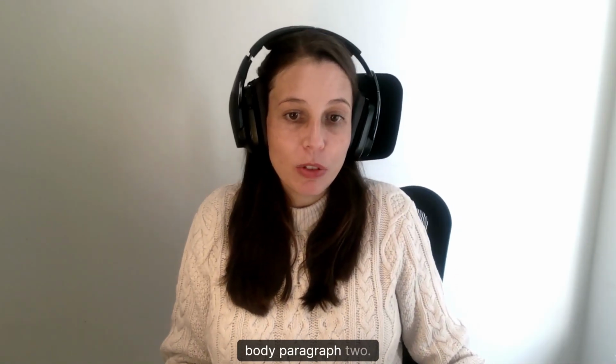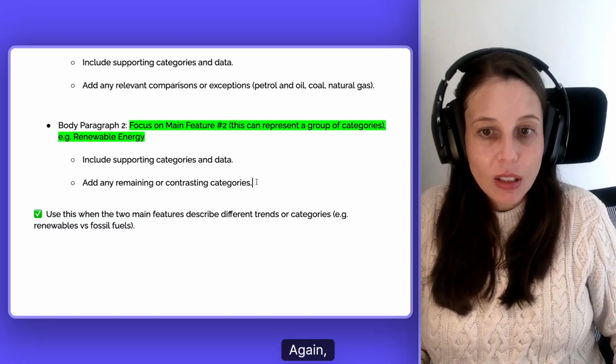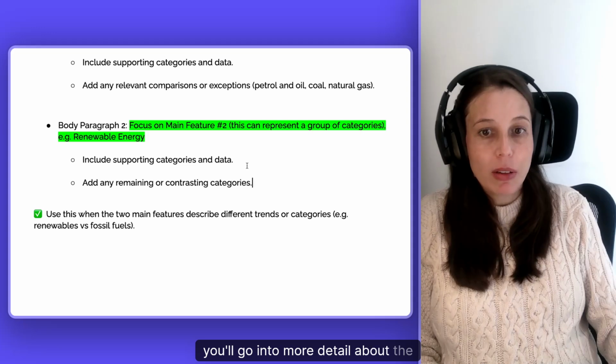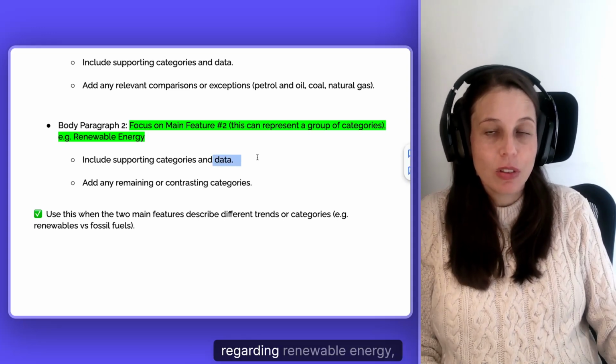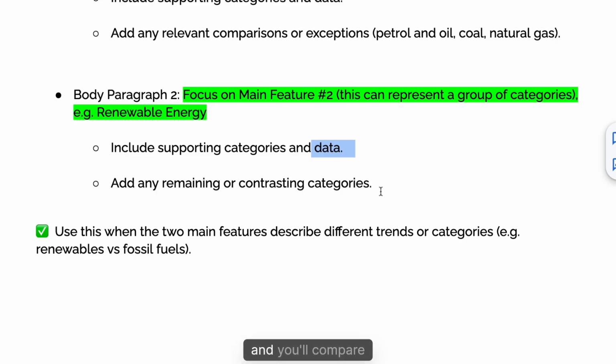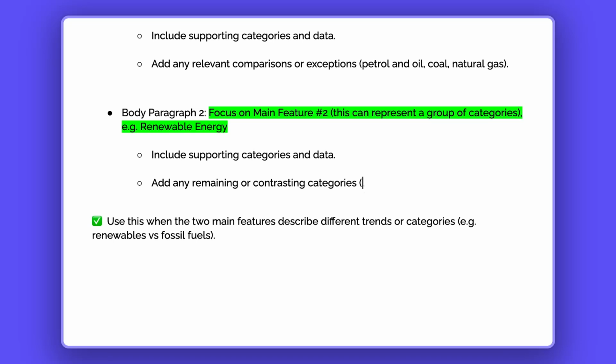Okay, body paragraph 2. Again, you'll go into more detail about the data regarding renewable energy, and you'll compare the different types of renewable energy.